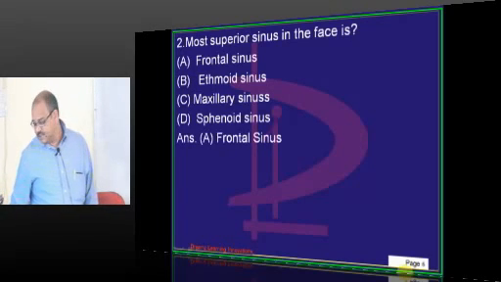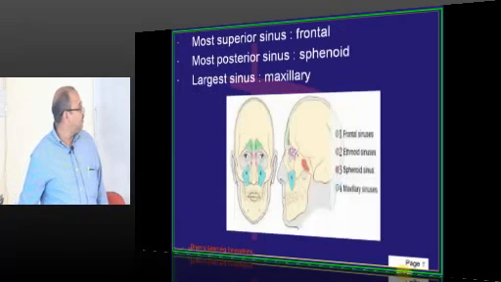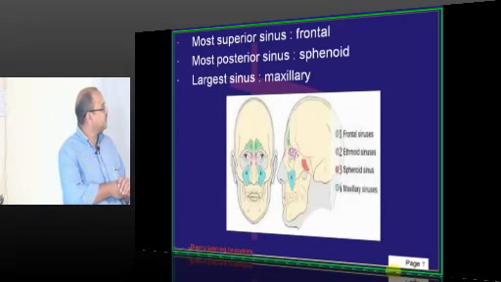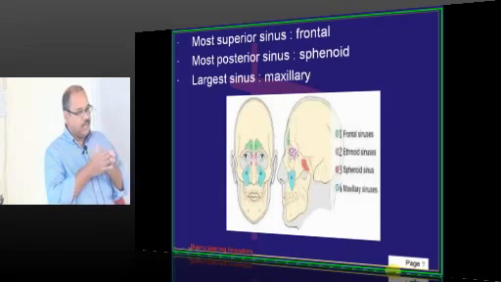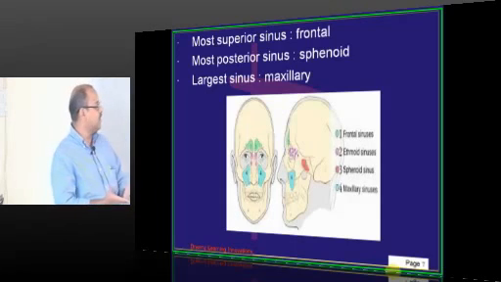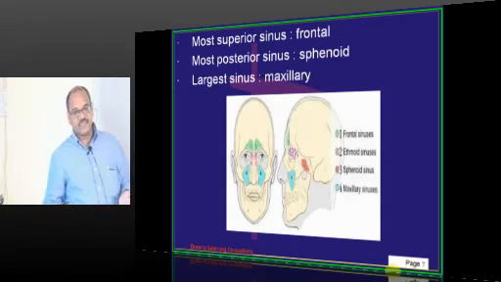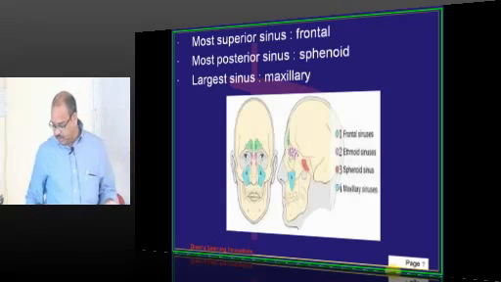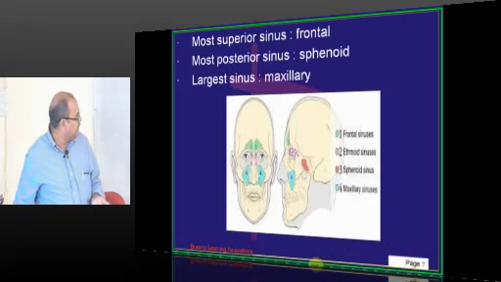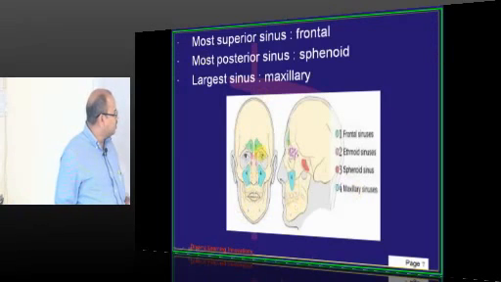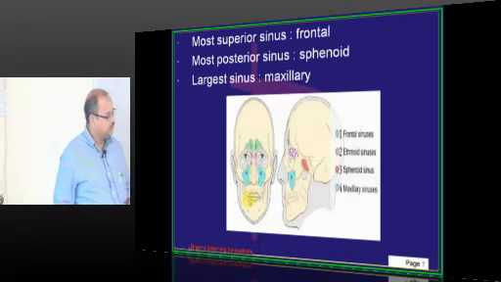It is frontal sinus. The most superior sinus is frontal sinus and most posterior sinus is sphenoid sinus. Largest sinus is maxillary sinus. These are well-known facts and very easy to remember. As you can see here, the frontal sinus is the most superior one, the most posterior one is the sphenoid and the largest one is the maxillary sinus.